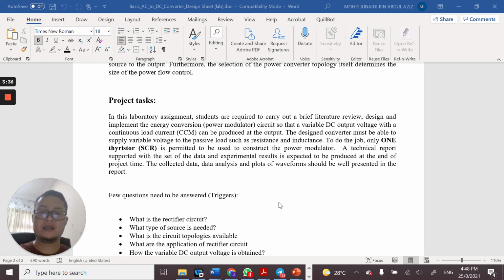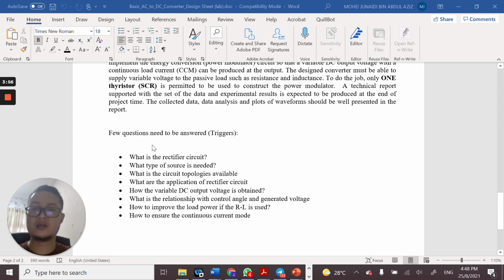And then, of course, you need to do data analysis, plot waveforms, and present your waveforms verbally and in the report as well. So we can call that a lab report. So this is the question that needs to be answered.